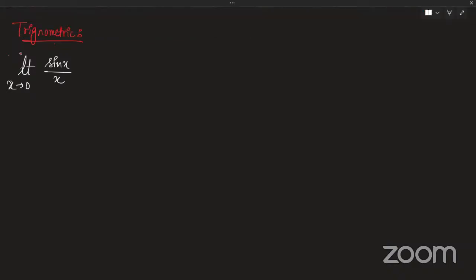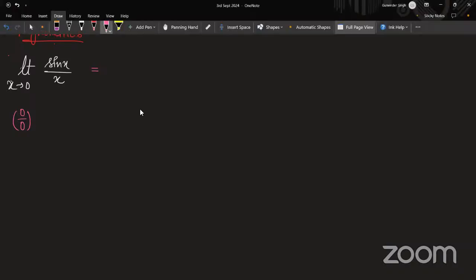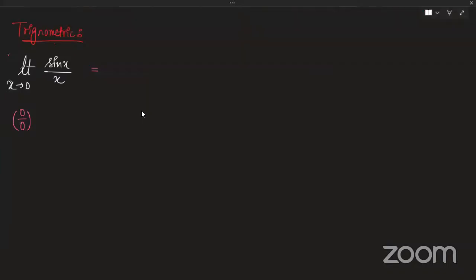One? No, how much is 0 by 0? Again 0 by 0, right? Yes, correct. So how should we approach this? How did you get 1? It's a formula, sir.